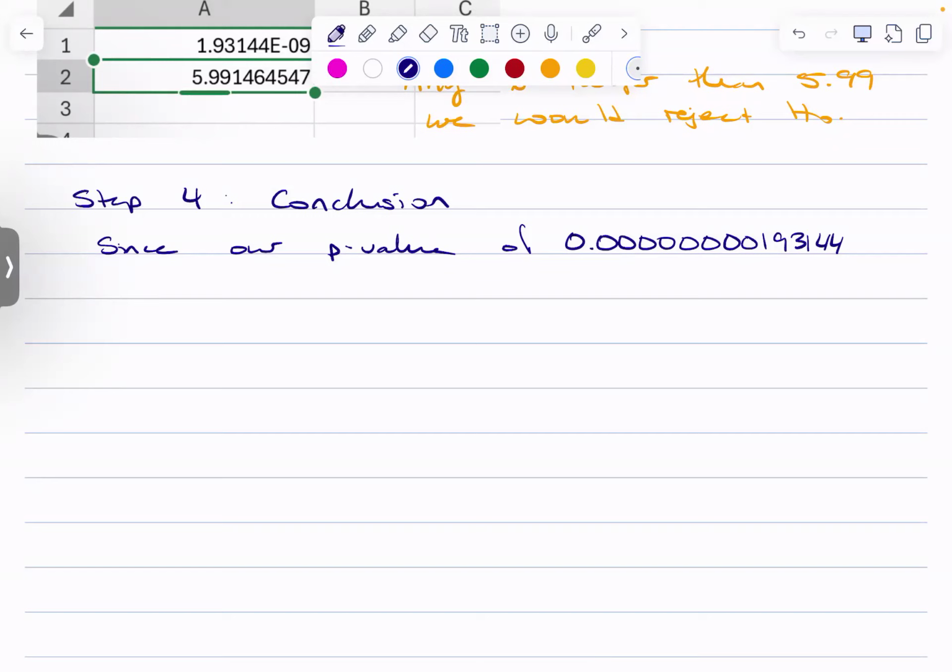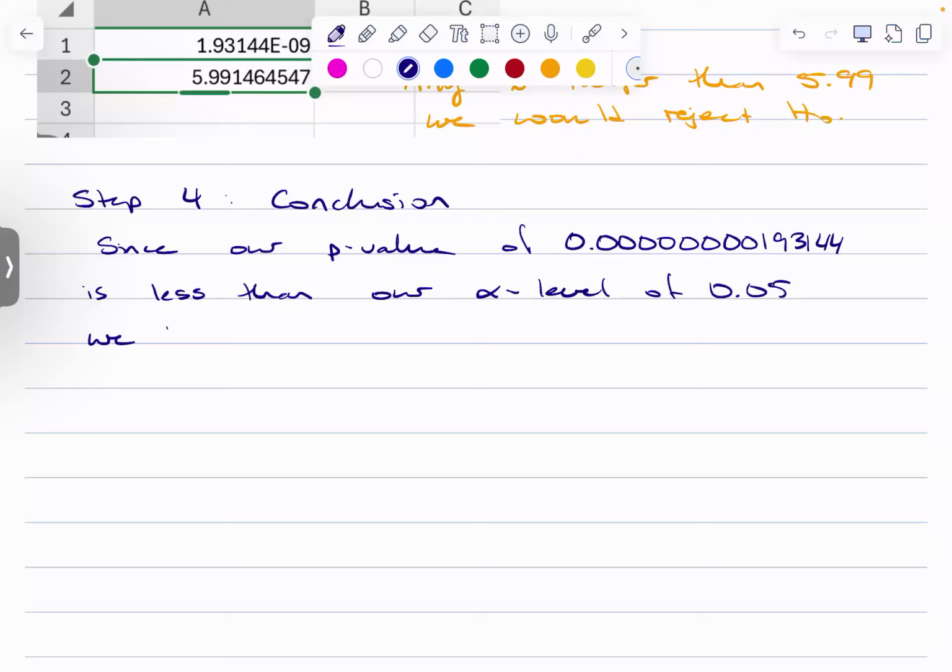So since our p-value of basically 0, not 0, because you'd have to go to infinity to be 0, you're allowed to say approximately 0, but not 0. So since our p-value of very small is less than our alpha level of 0.05, we weren't told to use anything but the default, which is 0.05.